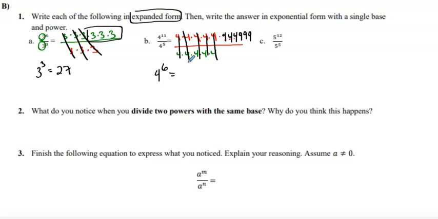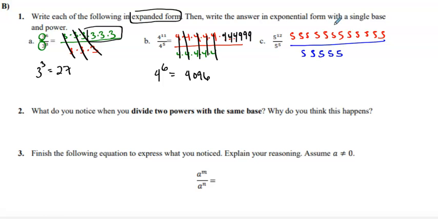If you know it off the top of your head, amazing. Otherwise, pop it in the calculator, and you get 4,096. And then this one as well, 5 to the 12th. You get 1, 2, 3, 4, 5, 6, 7, 8, 9, 10, 11, 12. Oh my goodness, that's really annoying. And then again, 1, 2, 3, 4, 5 on the bottom, so expanded form.